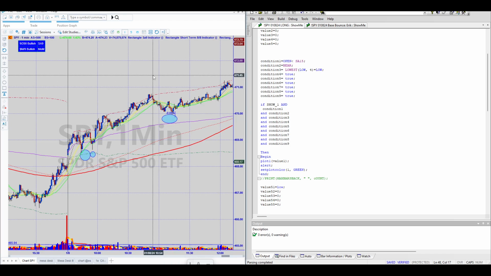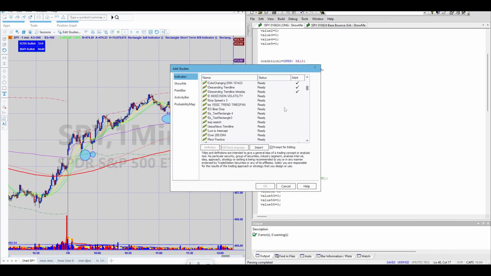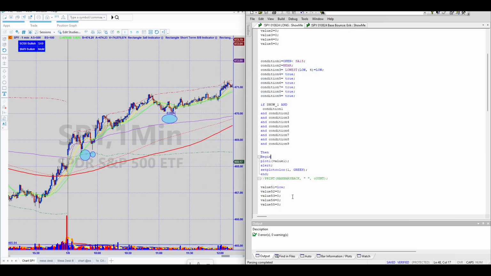Okay, so let's go and add this, see what we got. Just started at 108.24. Is that the one? I think that's the one I made earlier. I didn't even put 1 minute. That sucks.